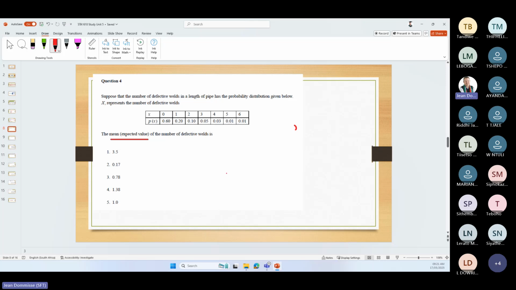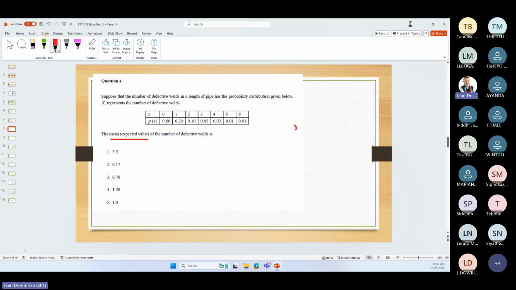So this one again, I will just multiply it out and see what we get. At the moment, if I look at these answers, I really don't have an idea which one I can cancel out. Sometimes you get a feel of the data, but this one, not a clue. So let's just see. With a probability that 0 is so big, it will probably be one of the smaller ones.